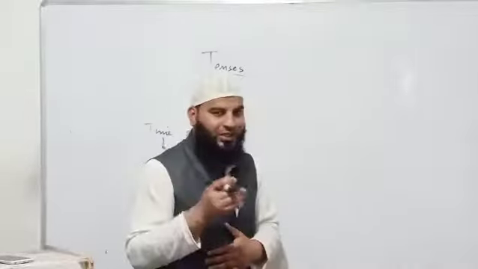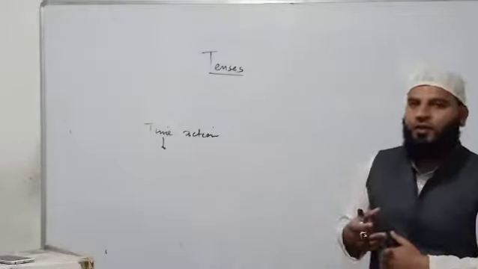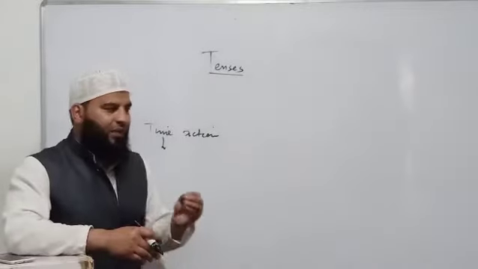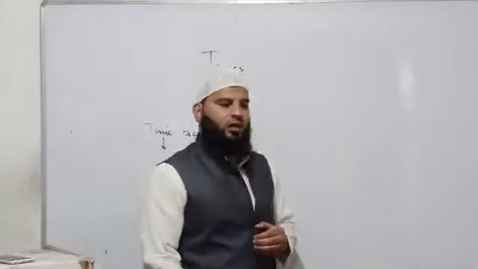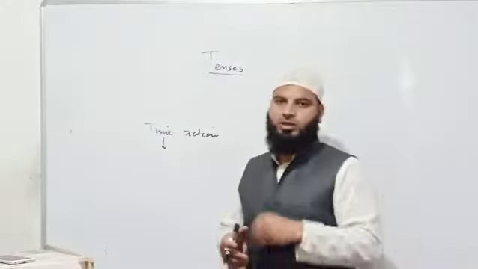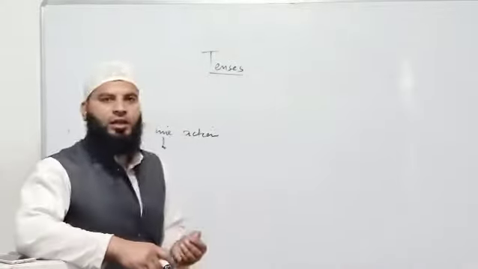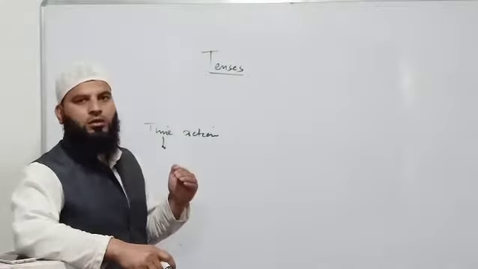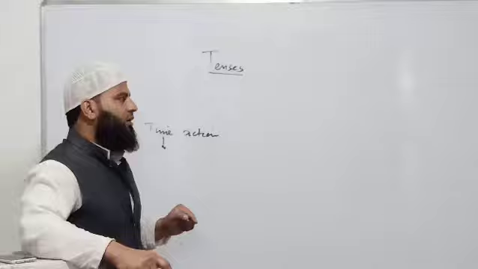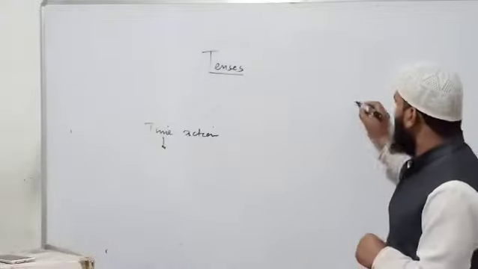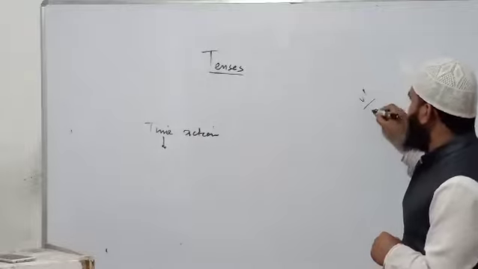Suppose, let me give you an example. If I say I eat food, it means the action I am talking about, eating food, is a habitual action. How? Because I am using the verb first form in this, the V1, or we must say the present form.